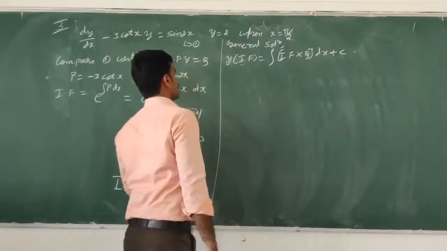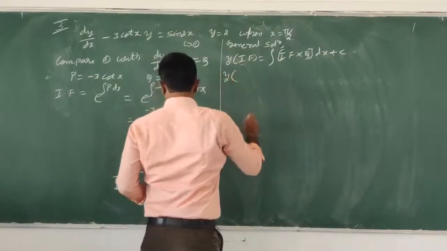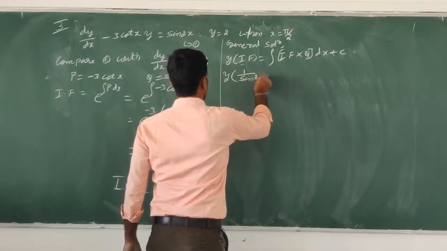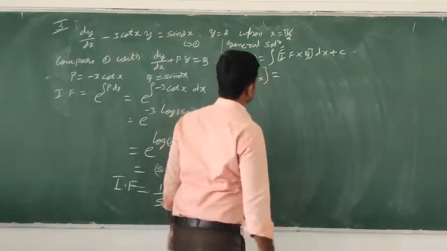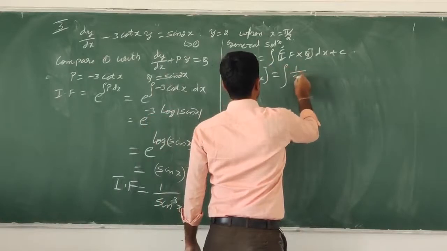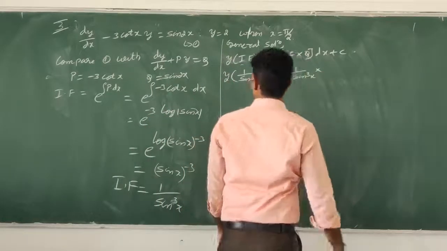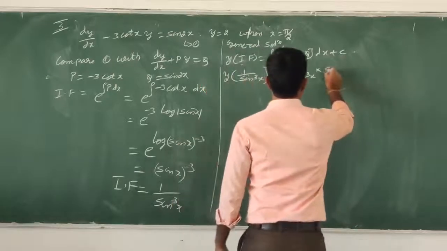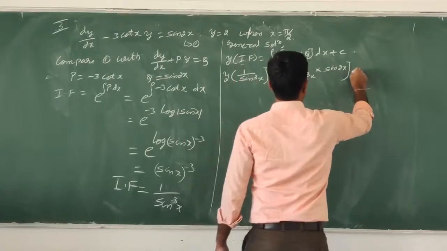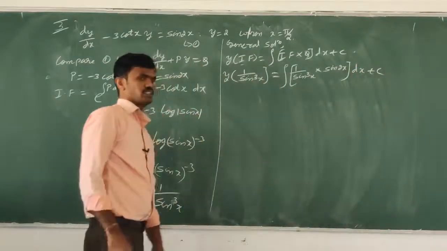Just substitute those values: y into 1 by sin cube x is equal to integration of 1 by sin cube x into q, which is sin 2x, whole dx plus c.